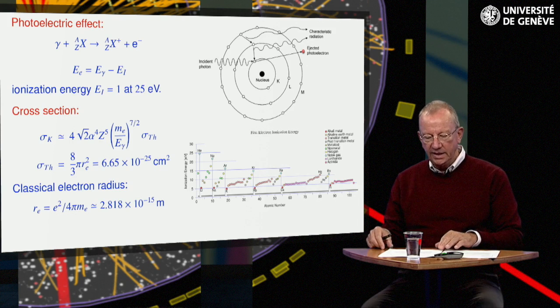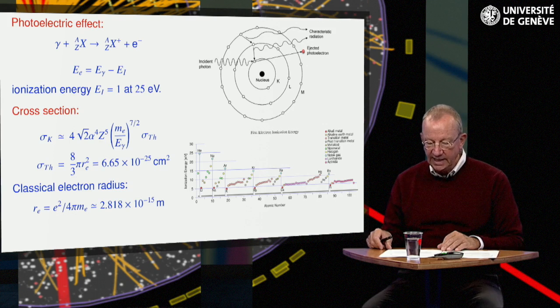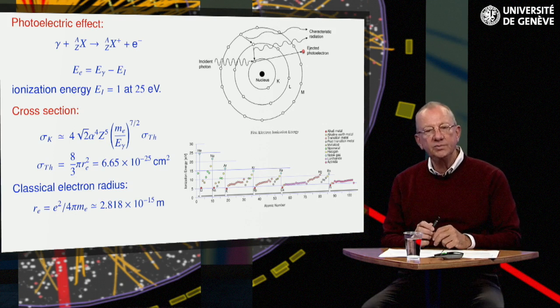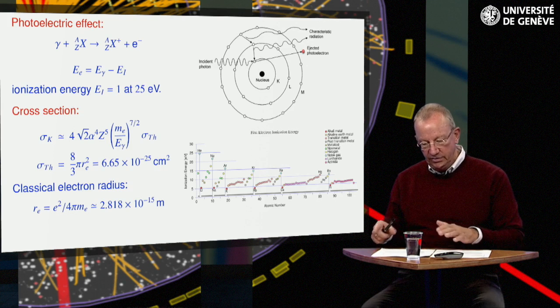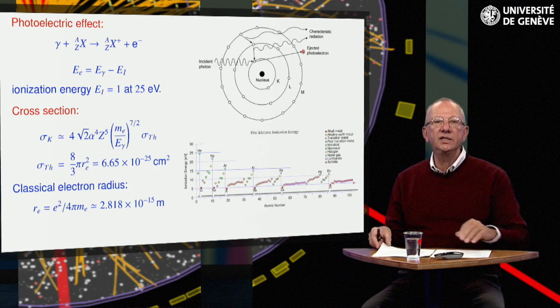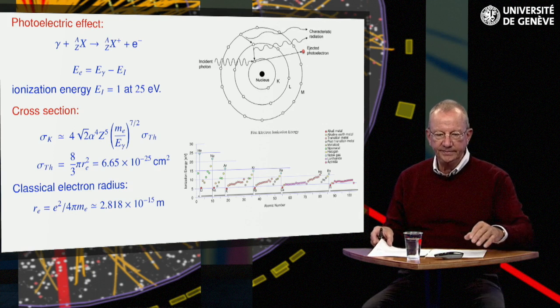The dependence on the atomic charge to the 5th power and the photon energy to the power -7/2 favors the photoelectric process for low-energy photons in heavy materials. At high energies, in the relativistic limit, the energy dependence becomes simply 1/E gamma.